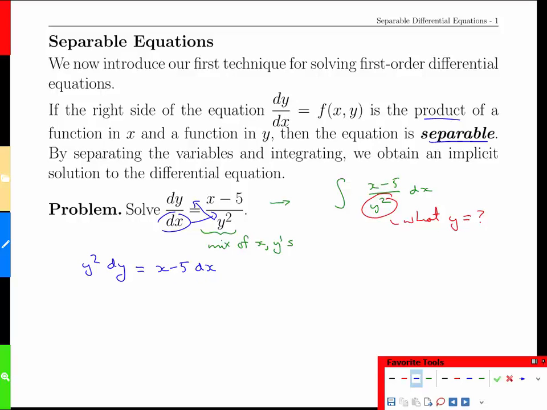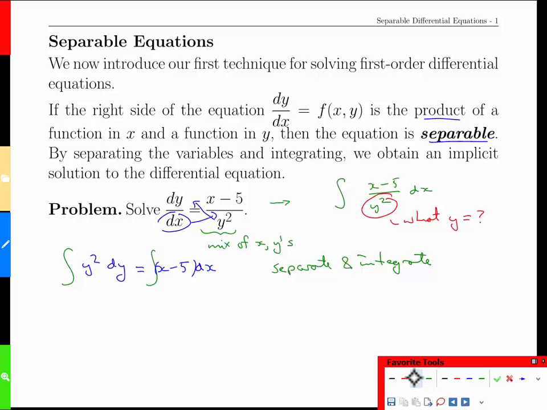The key thing is that we can integrate now, and we no longer have this mismatch of x integrals with y values. Now it's a y integral with y values and an x integral with only x values. So the process here, if possible, is to separate and integrate.